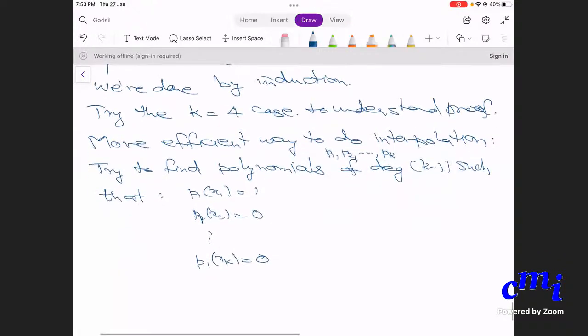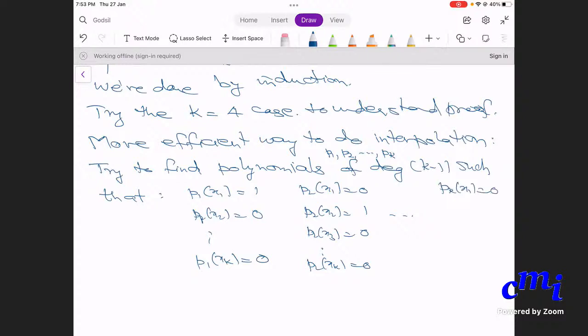So I want to find a polynomial which is 1 at x1 and 0 at x2 up to xk. Then I want my polynomial P2 to be 0 at x1, 1 at x2, and all other points 0. So on and so forth. Pk should be 0 at x1 up to xk minus 1, but Pk of xk should be 1.